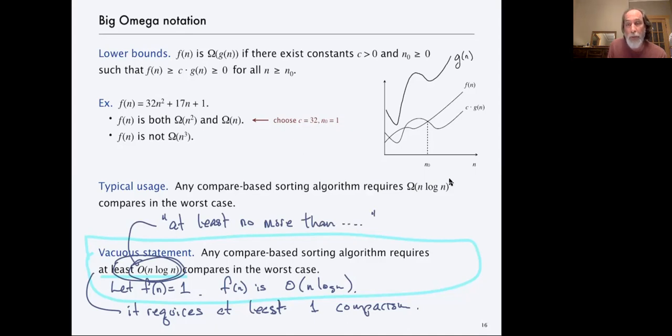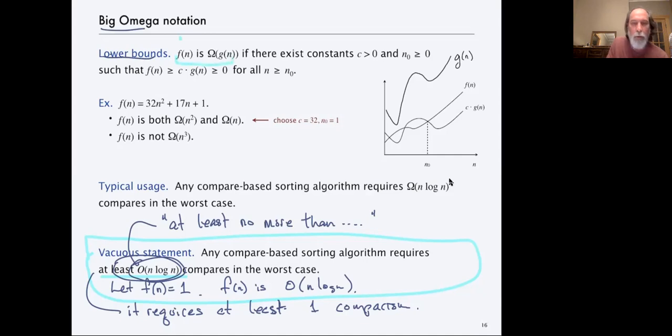So you want to say there's a lower bound. And for that, we have big omega, the exact analog of big O, but to give a lower bound. The definition is exactly the same.